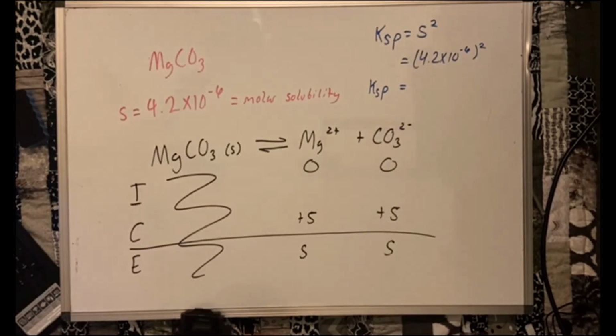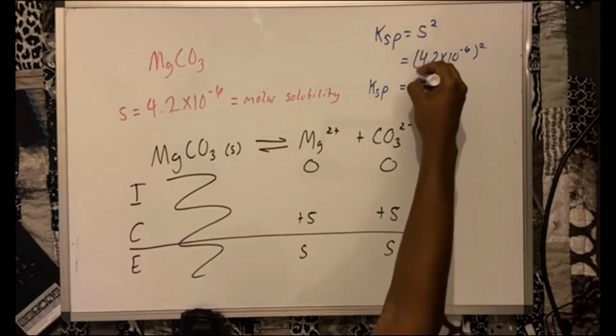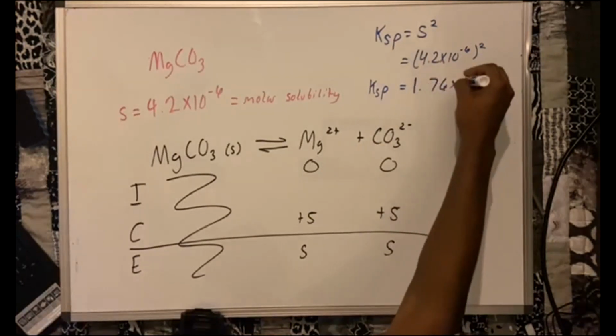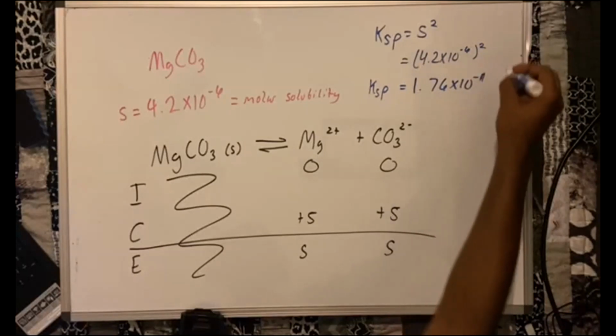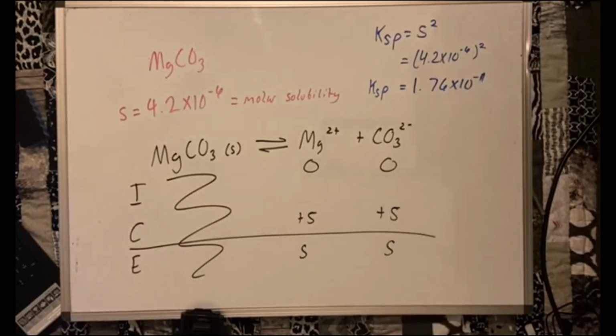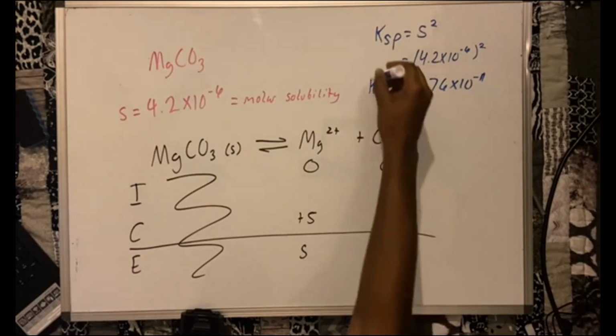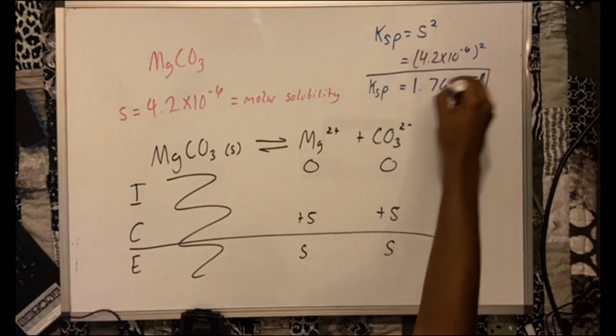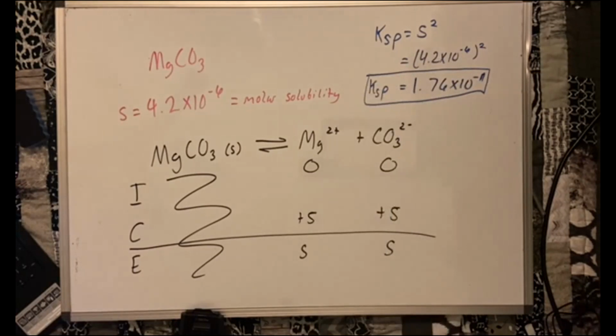Okay, there we go: 1.76 times 10 to the negative 11. Nothing too crazy yet. Makes sense?